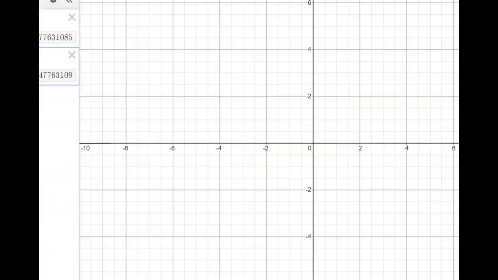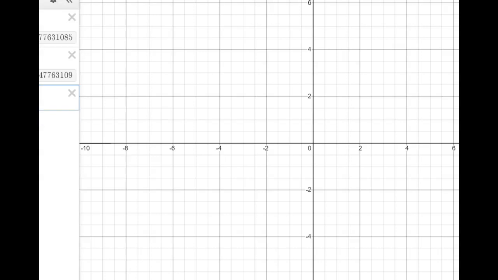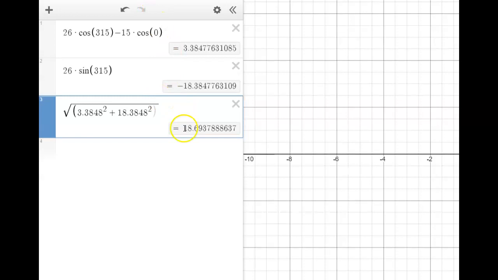If we put that into Desmos here, we're going to have the square root of 3.3848 squared, I'll put some more decimals in there, plus this, the negative goes away, 18.33848 squared. Oops, I'm not showing you guys that. Okay, so that gives me a relative wind speed of 18.69.